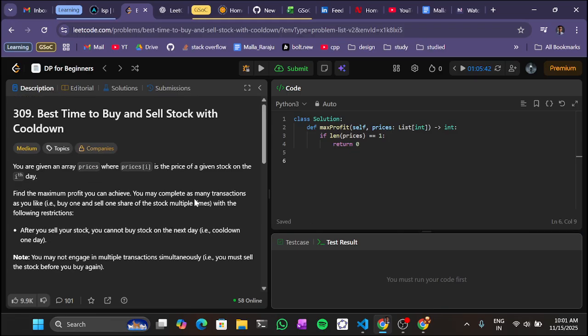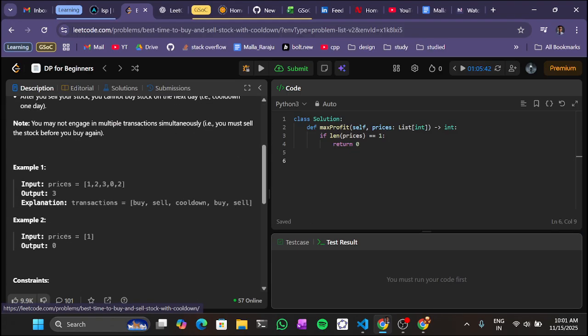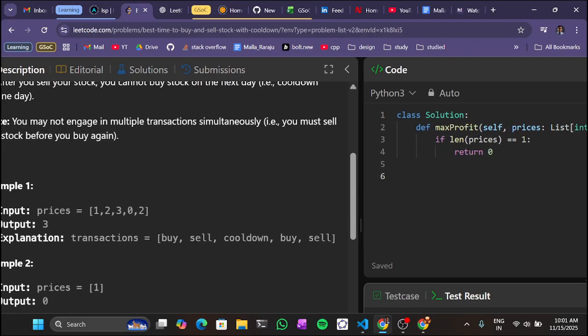So previously, for Best Time to Buy and Sell Stock 2, what we have done is we selected all the values whose right side value is greater and left side value is lesser.